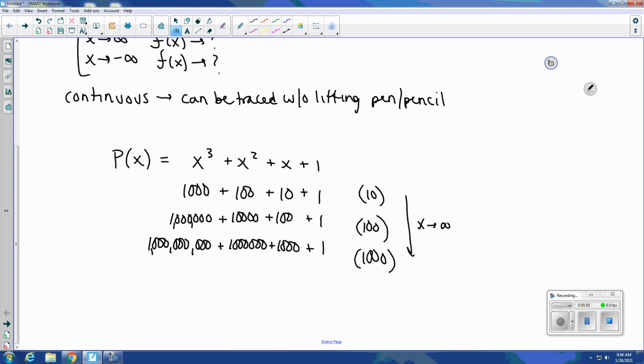You'll notice that the overall value, or where this thing's headed, is dictated by this first term. Those are the numbers that are controlling where the overall value of this function heads towards. So when we look at a polynomial, the term of highest degree, or the leading term, is going to dictate where the function ends up going as x gets infinitely large in the positive or negative direction.